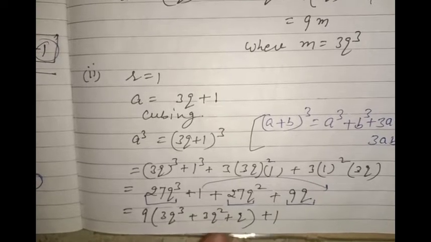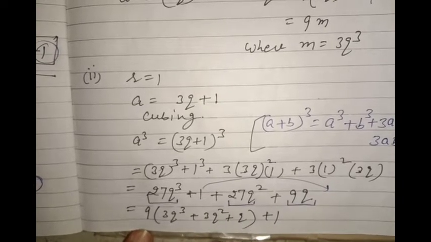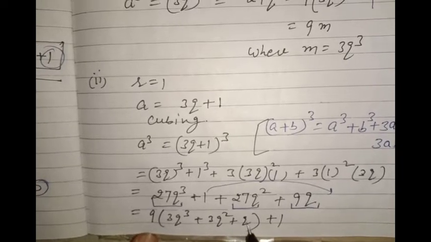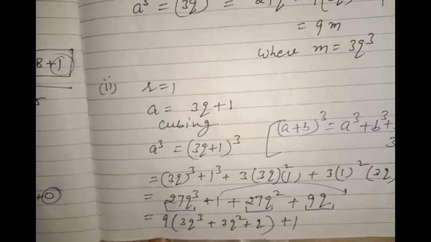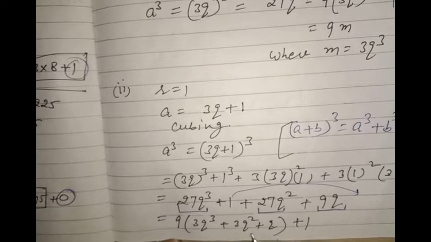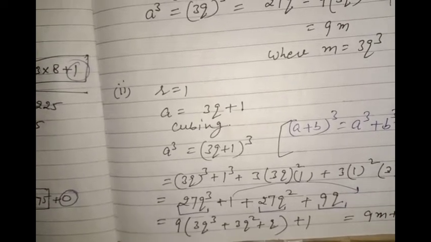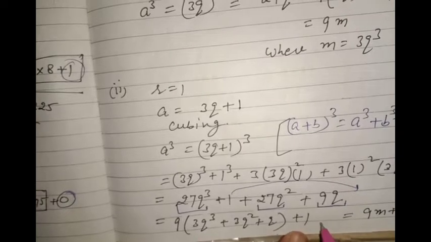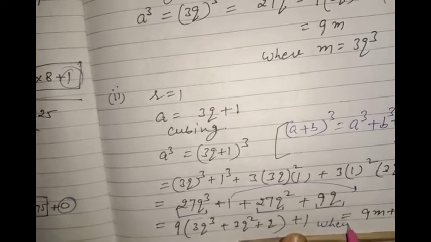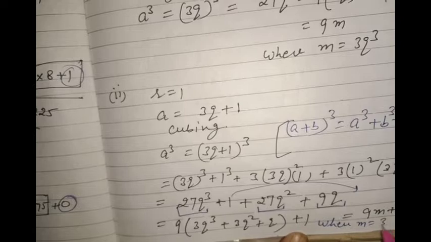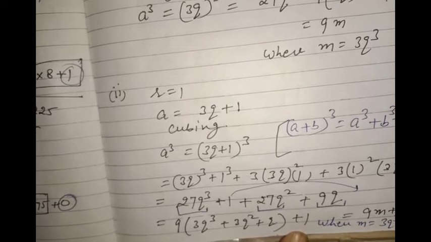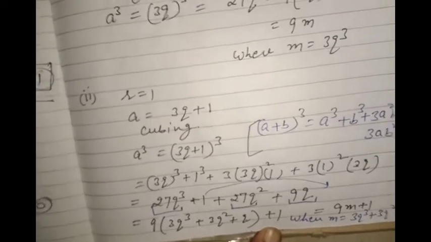You must be thinking that q is also common and ma'am is not taking q, because I don't need q. The requirement of the question is to prove 9m plus 1. So this I can write as 9m plus 1, where m is equal to 3q cube plus 3q square plus q.